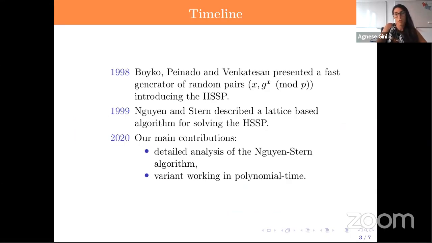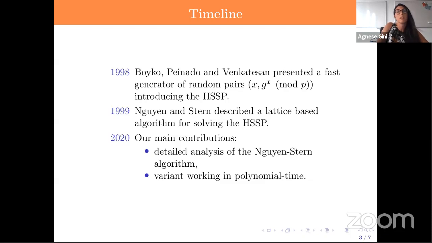Before speaking about the algorithm, I just want to speak briefly about the history of this problem, which was presented for the first time at Eurocrypt 98 in the context of the generation of random DLP pairs. The following year, Nguyen and Stern described a lattice-based algorithm for solving this problem.